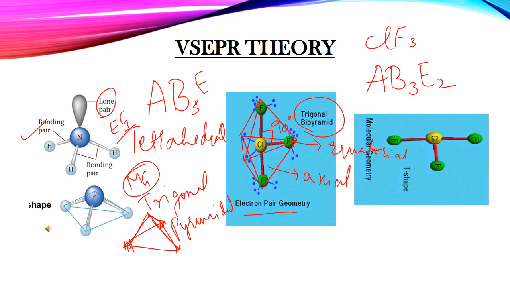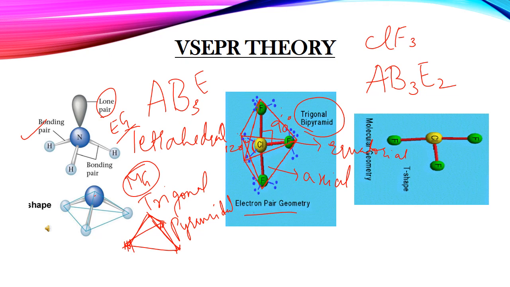So in order to avoid that repulsion, the lone pairs will always be in the equatorial positions, where the lone pair can have a maximum angle of 120 degrees. We will talk about this structure in detail in the other video. We need to understand why both lone pairs are not on axial positions and all that. So we will do another video on that.